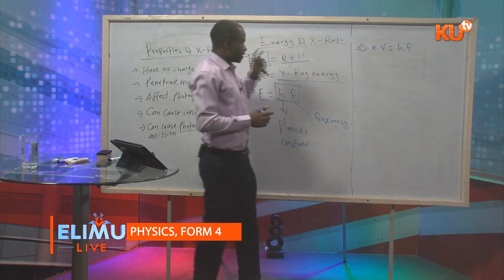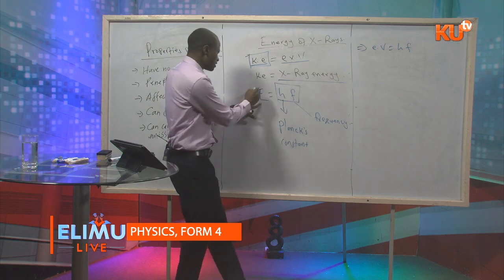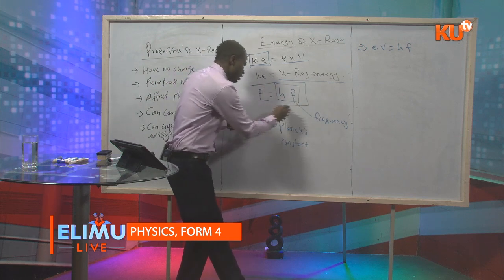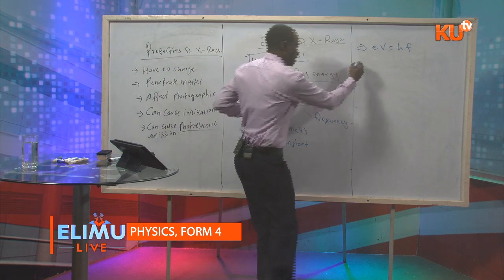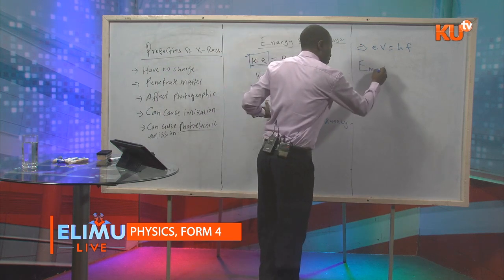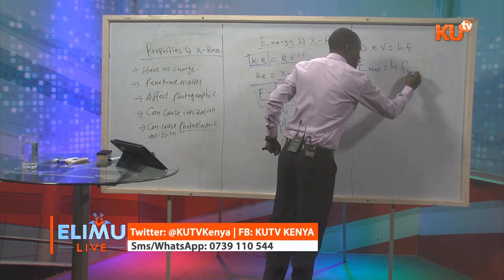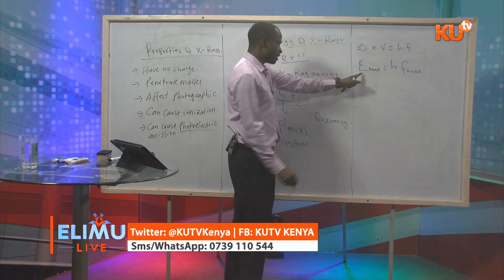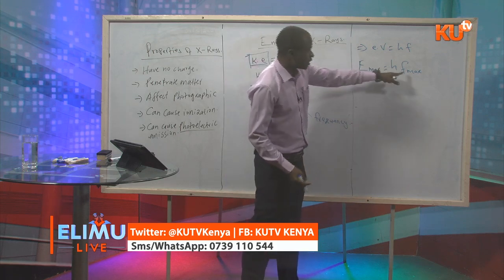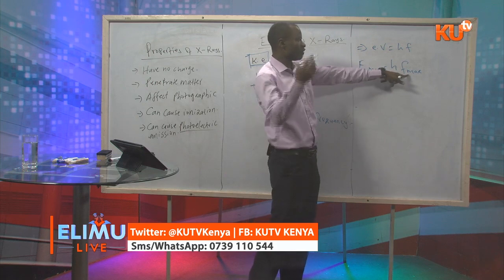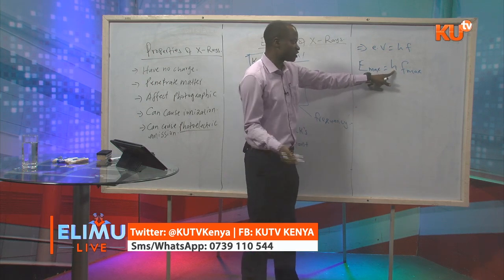And you realize that if energy equals hf, for us to produce maximum energy, E max, then we have to take Planck's constant times the maximum frequency. Because from mathematics, you realize energy depends on the frequency of radiation, because h is a constant, just like the equation of a straight line.